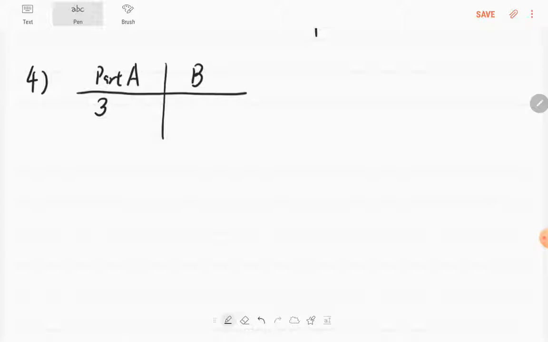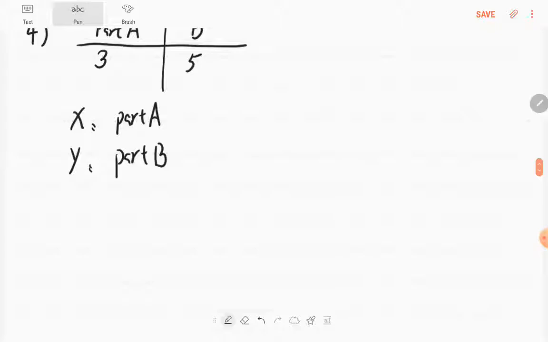And the profit of part B is $5. If we let x be the number of part A and y be the number of part B, write an objective function that describes the total weekly profit.